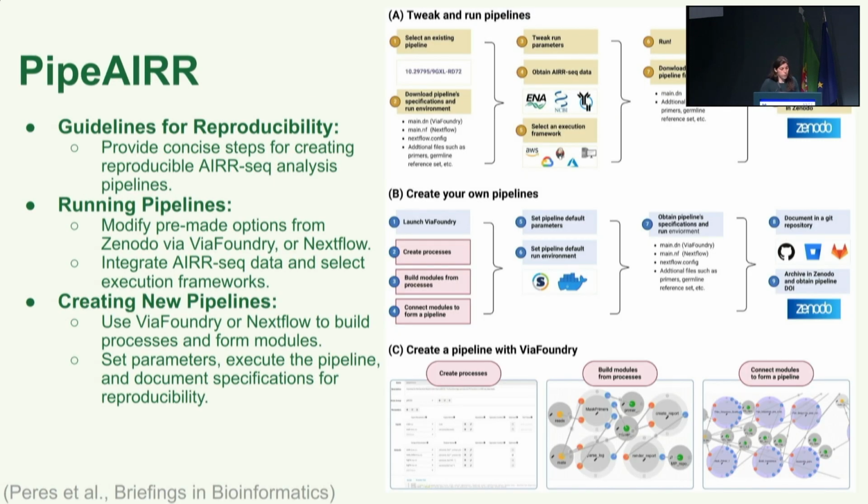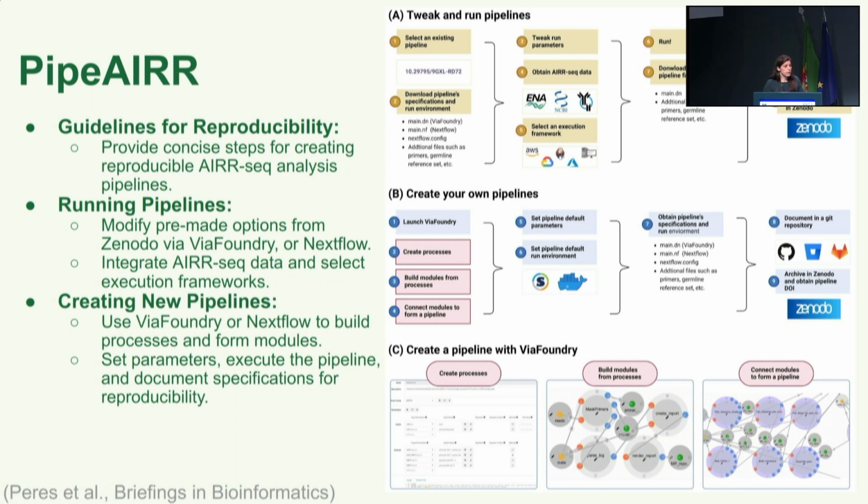So first off, PyPair, we just published it. This is a collection of guidelines and recommendations on how we can take our pipelines, even our existing pipelines, and what we can pass them through to make them more reproducible and more accessible for the AIR community.